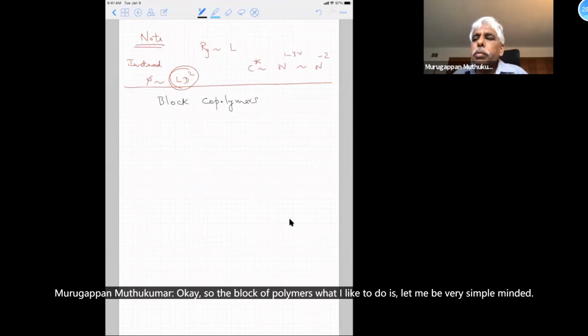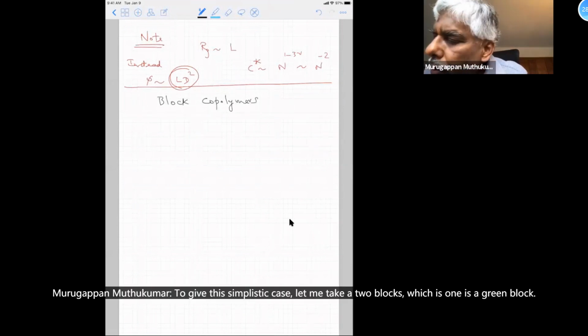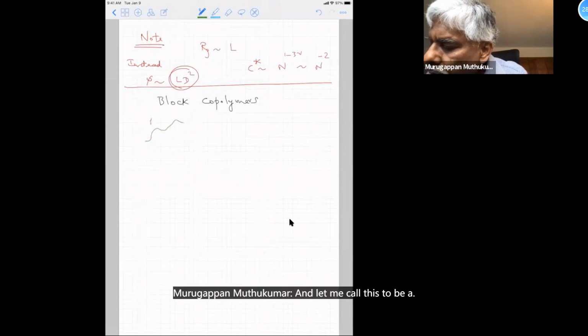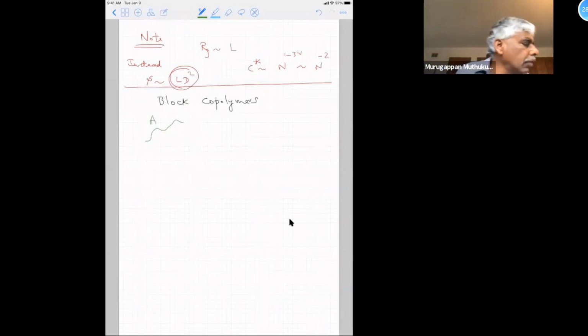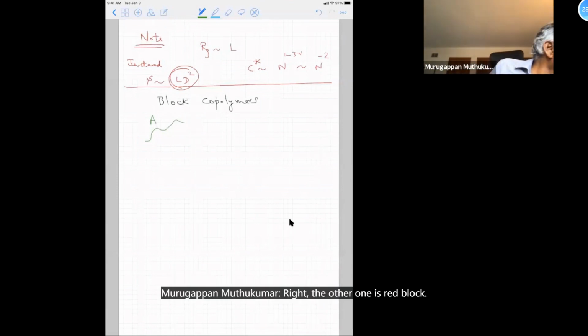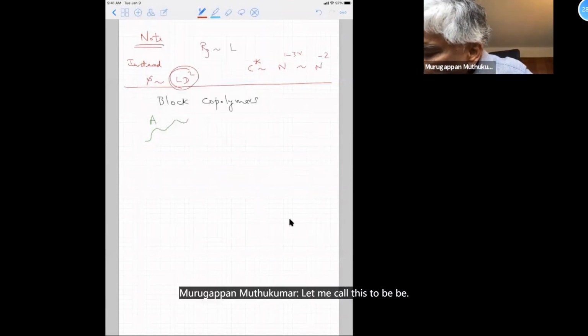For the block copolymers, let me be simple-minded and give the simplistic case. Let me take two blocks: one is a green block, and let me call this A. The other one is a red block, and let me call this B.